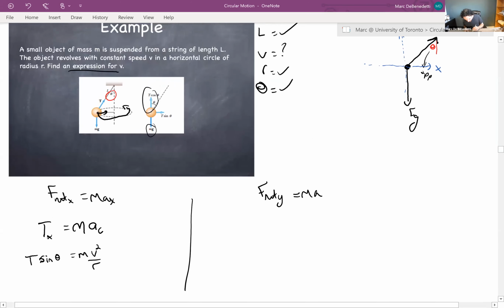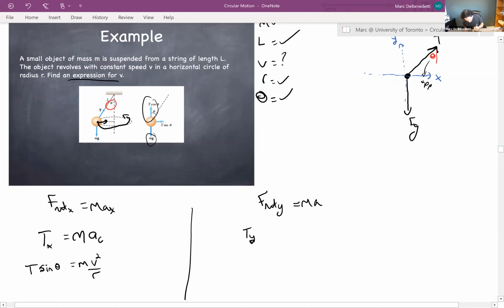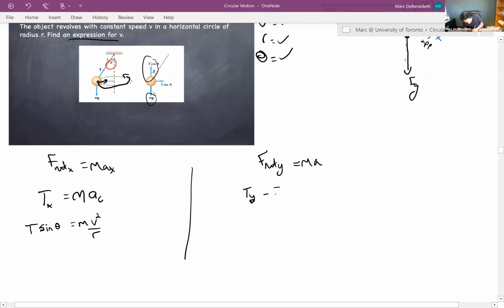The y direction. I have a y component of tension, and I've got gravity fighting that. The acceleration in the y direction, presumably if I'm swinging a ball in a circle, is 0, since it's not traveling upwards or downwards continuously; it's at a certain fixed altitude.